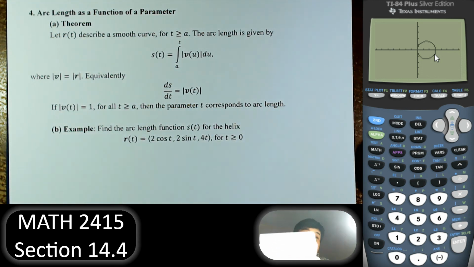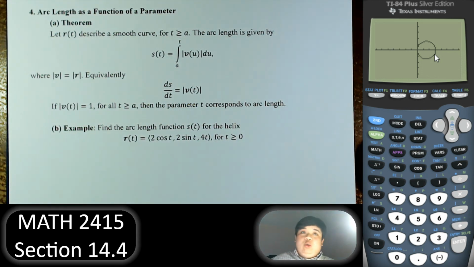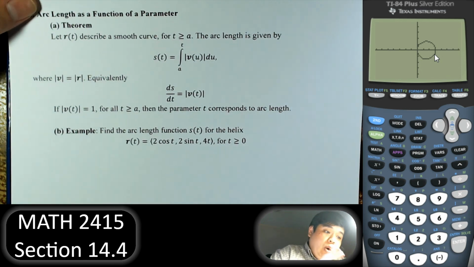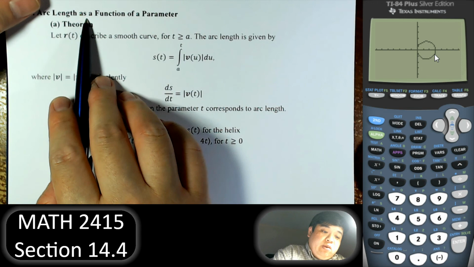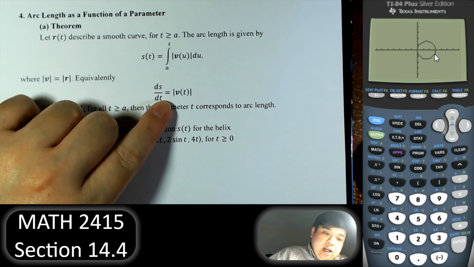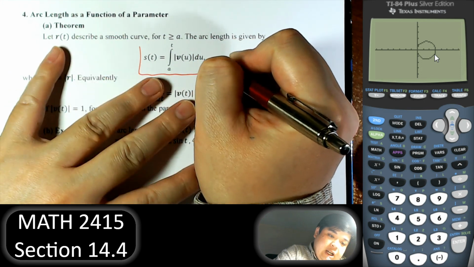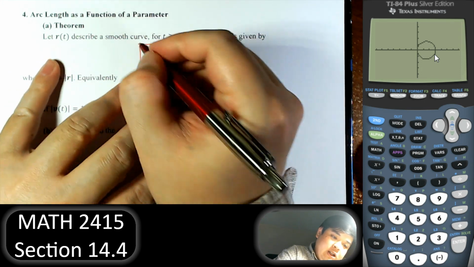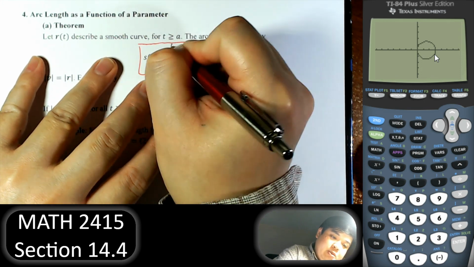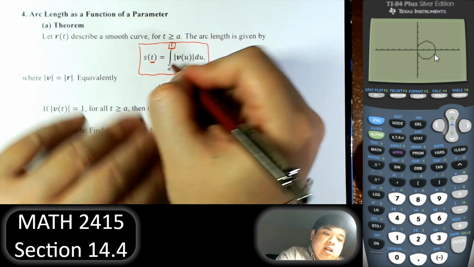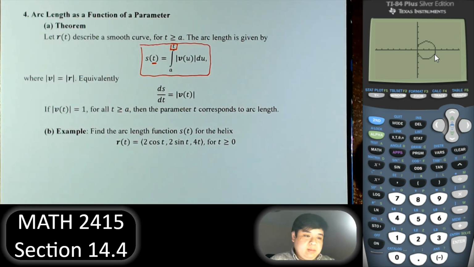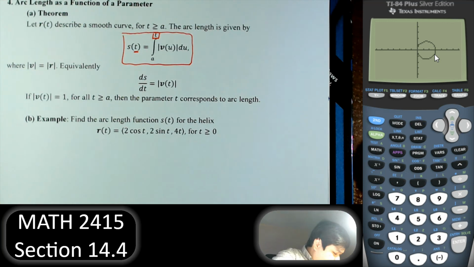Actually, no, we haven't done anything where the speed equals 1. So what we focus on here is the arc length as a function. If we form the function in terms of t, which is the upper limit, and a is where we start, pretty straightforward, right?